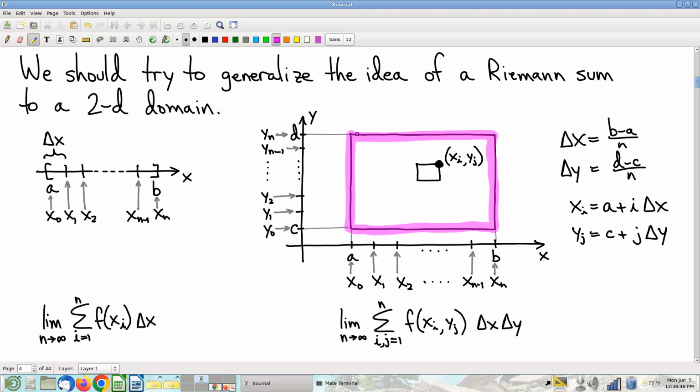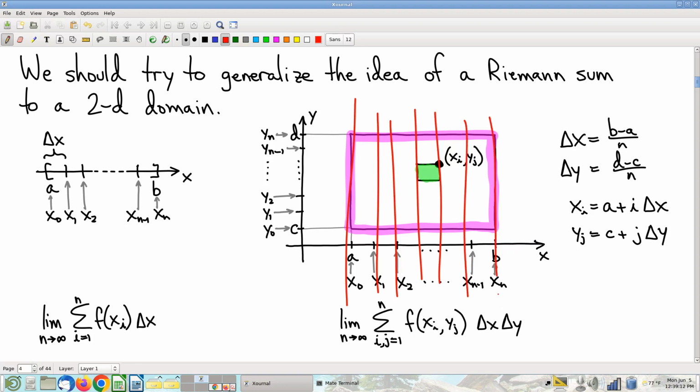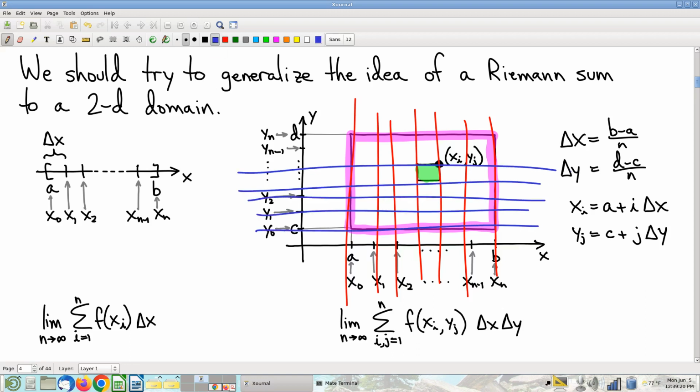So stuff distributed over area, not stuff distributed over length. The big idea is it's exactly morally equivalent: I'm going to look at one piece at a time, having chopped up the region perpendicular to the x-axis, and also perpendicular to the y-axis. Having chopped it up into little bitty sub-rectangles, in other words.